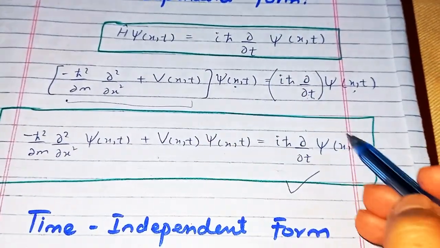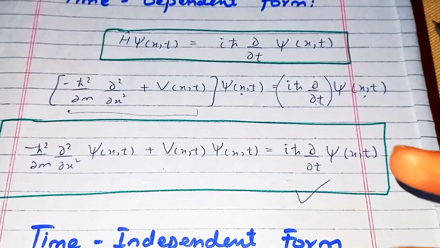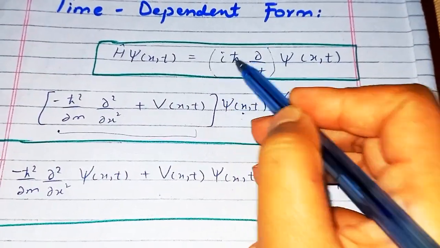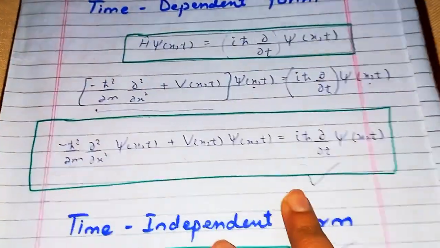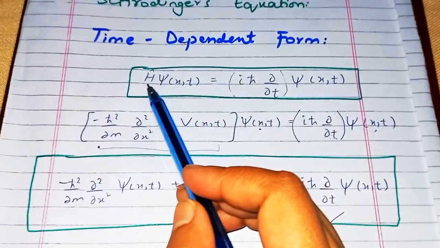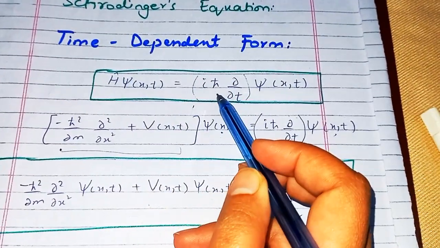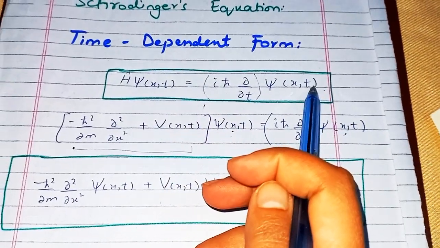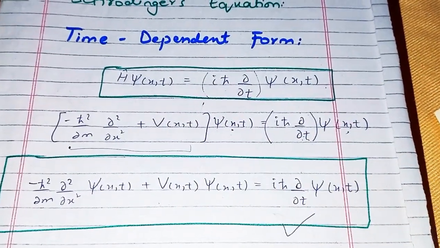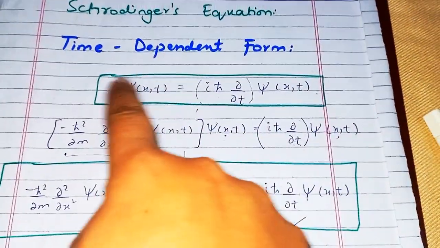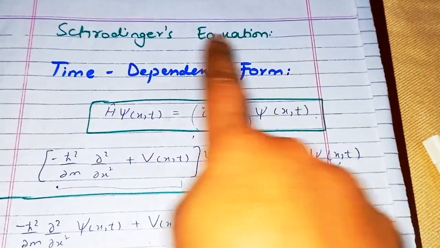So we have equated both of these Hamiltonian actually. Okay, you can see this is Hamiltonian, the same one. We have equated the space dependent Hamiltonian with the time dependent Hamiltonian and psi on the right hand side to complete the equation, and that forms the time dependent form of Schrodinger's equation.